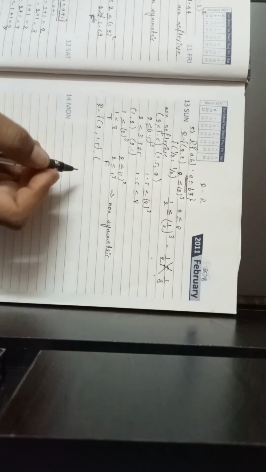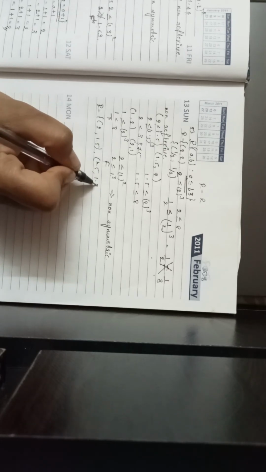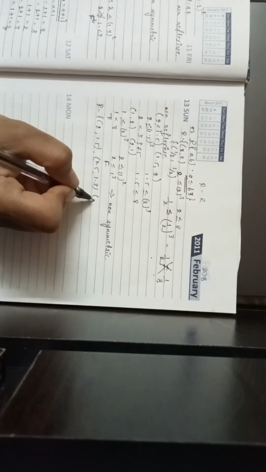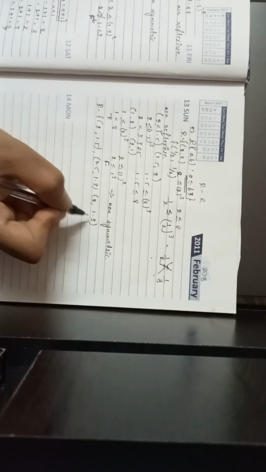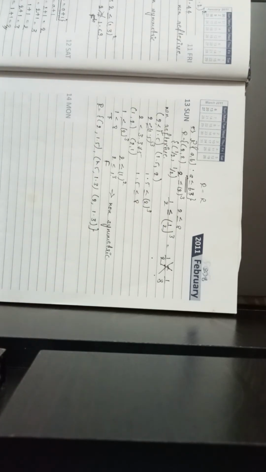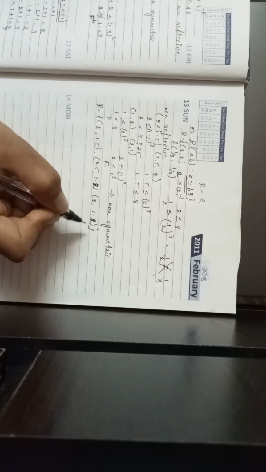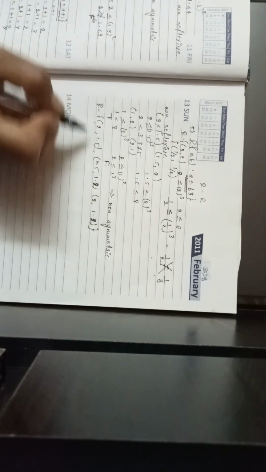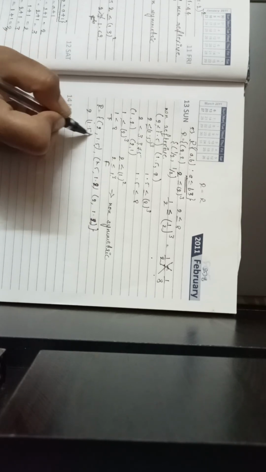Now for the next condition, I'll take 1.5 and 1.2, and the third condition will be 2 comma 1.2. So the first condition, that is A is 2 and B is 1.5.